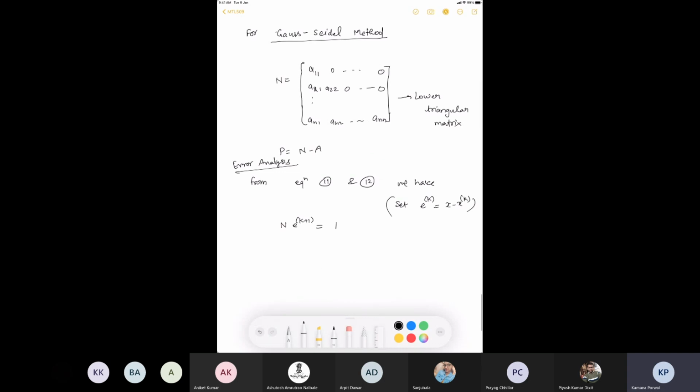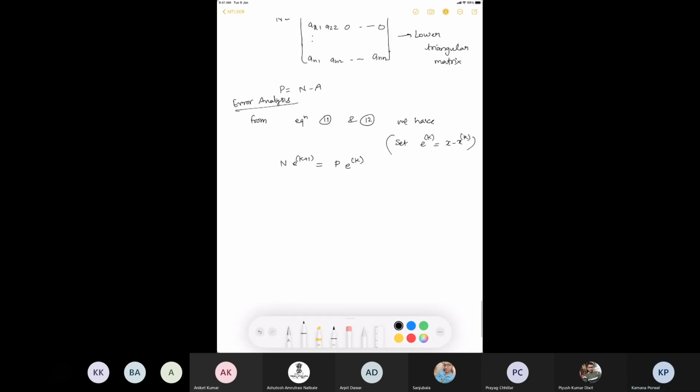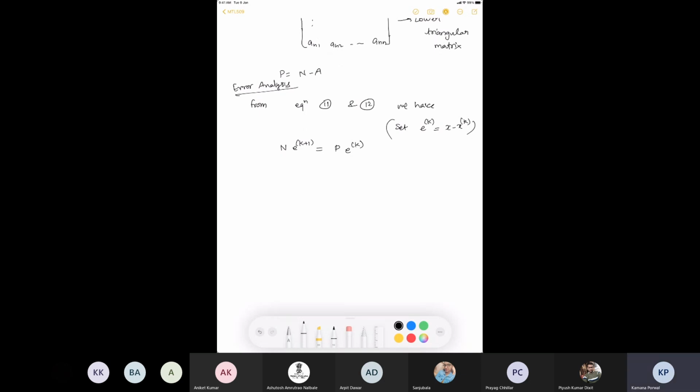So I will get this as P times ek. Another requirement I can see on N is that N has to be an invertible matrix. So I can write down this in this form, where M is nothing but N inverse P.